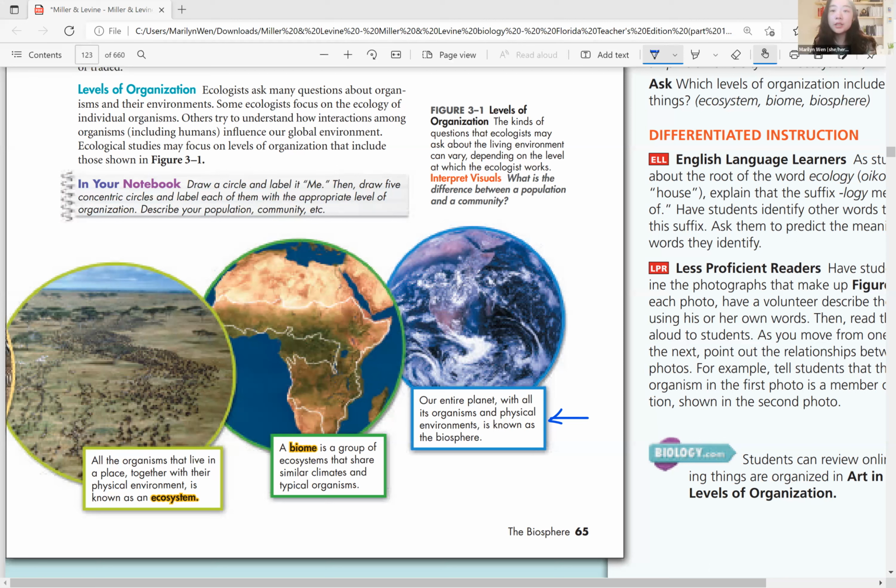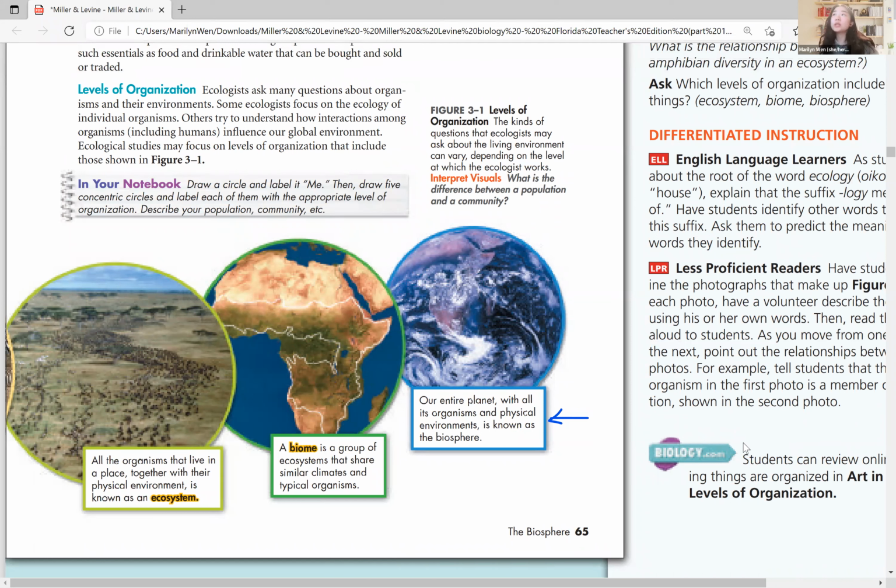Perfect. So, can you explain what makes up an ecosystem? Just give an example.